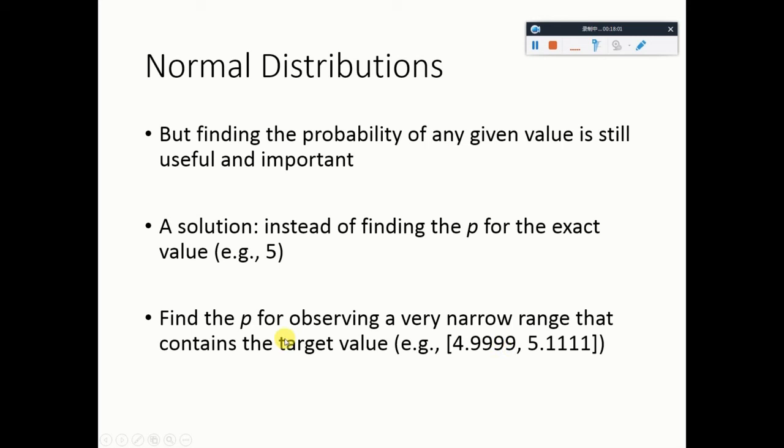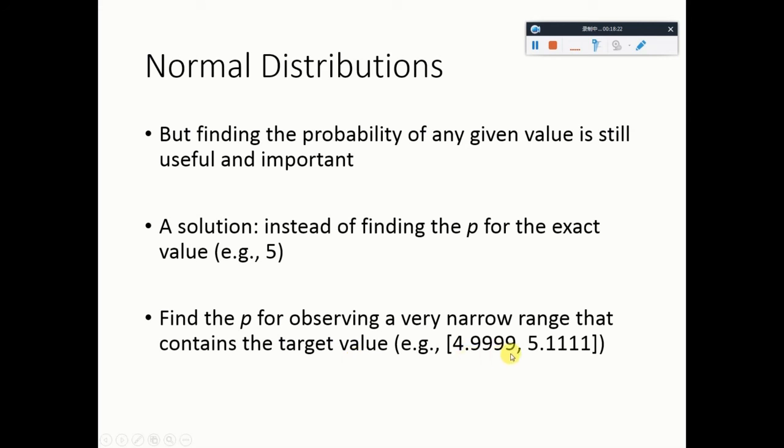So we're saying here, if it is impossible to find the probability for an exact value, then let's find a probability for a very, very narrow range that contains the value that we're interested in.